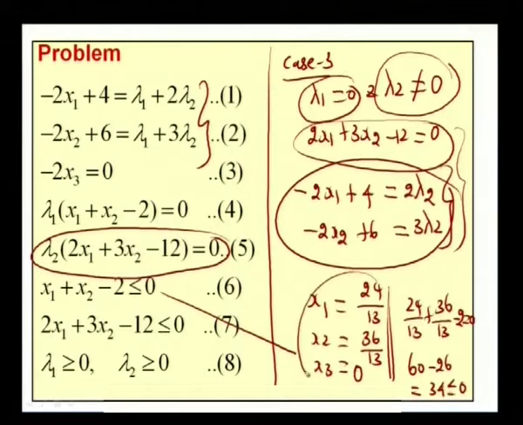So, with this value of x1, x2, x3, equation 6 gives us 34 less than or equal to 0, which is impossible. Therefore, for this value of x1, x2, x3, equation 6 is not satisfied. Therefore, this solution cannot be the optimum solution of the given problem.